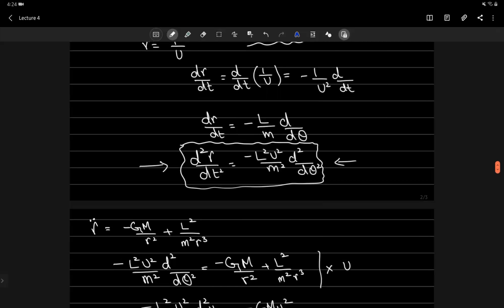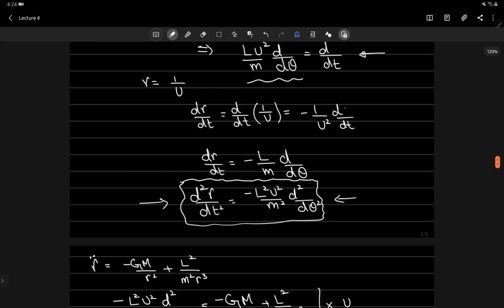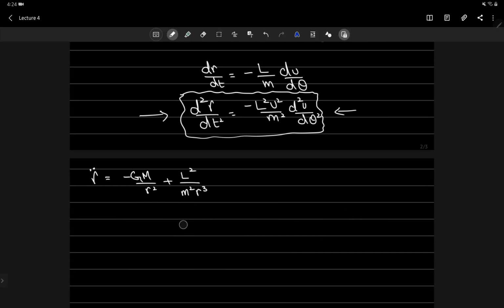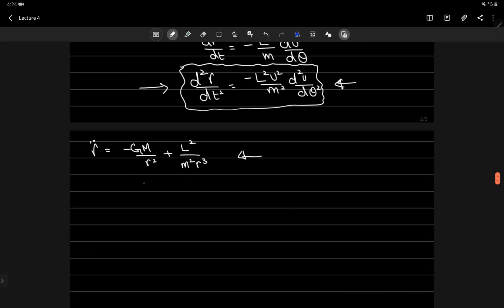Right, I figured it out. Here we would have u. I don't know why I said it won't be there. Let me just write all of this once more. So we have this equation and we have this equation, so let's make this substitution.